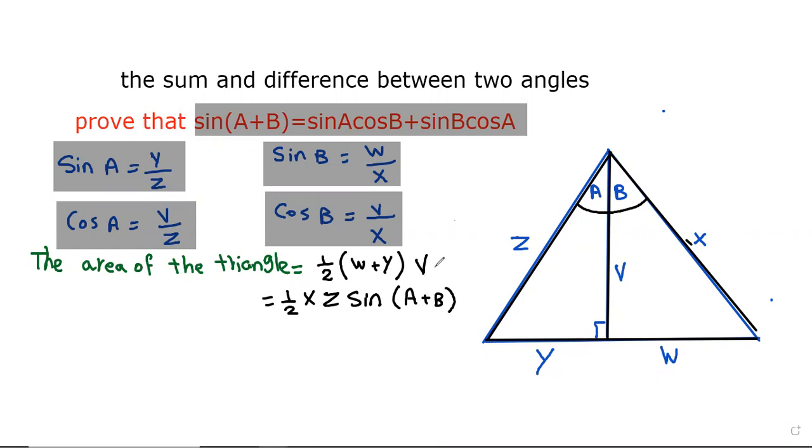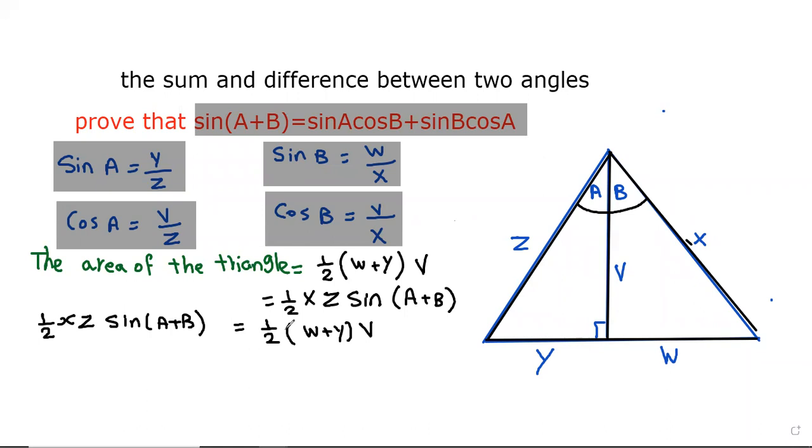And the two rules give us the area of the same triangle, so they are equal. So half multiplied by x multiplied by z sine(A + B) equals half the base w plus y multiplied by v.